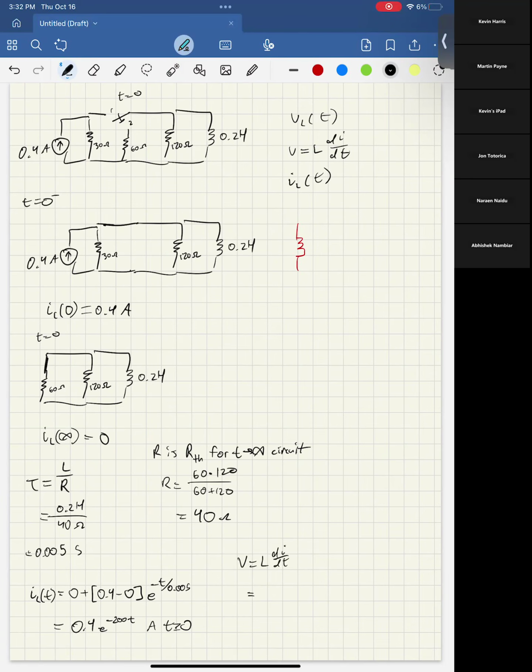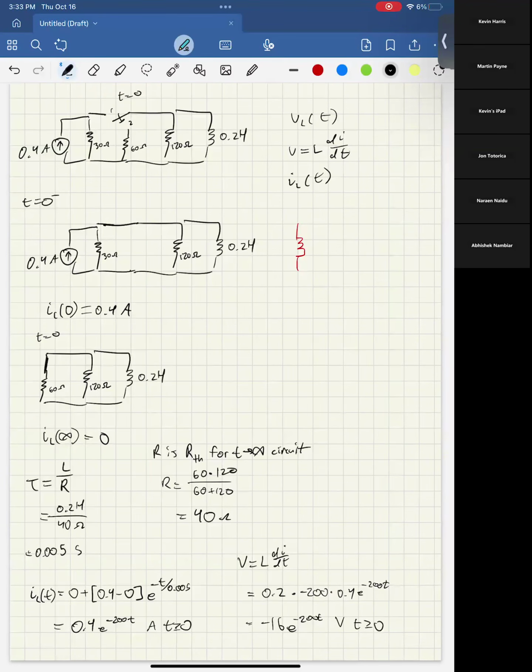In this case, L is 0.2, and di/dt is going to be negative 200 times 0.4 e to the negative 200t, which is 0.2 times 200 times 0.4. That gets us negative 16 e to the negative 200t volts for time greater than or equal to zero.